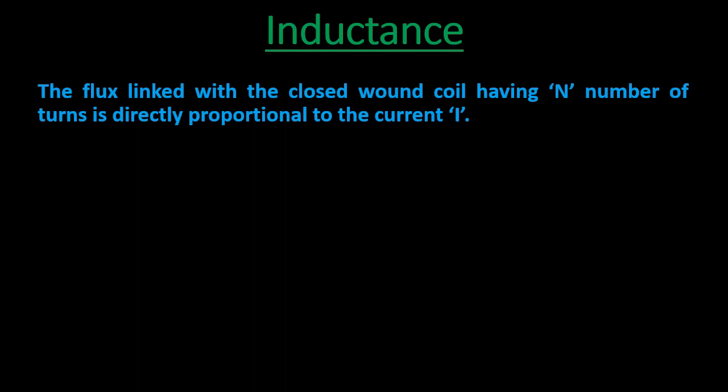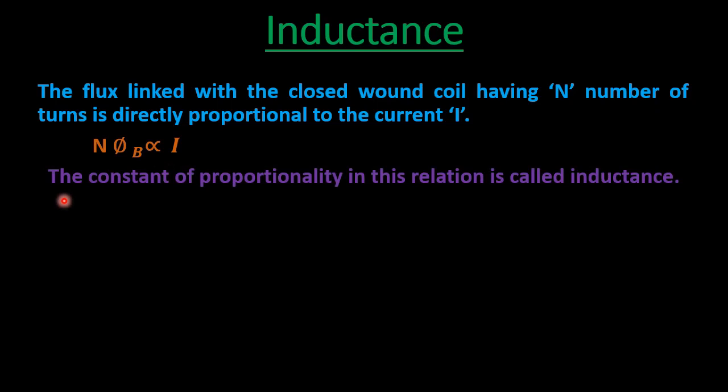So this statement can be mathematically written as N phi B directly proportional to the current. Here, this proportionality symbol can be replaced by an equals sign by putting in a constant, and that constant we call inductance. So we can say that the constant of proportionality in this relation is called inductance.